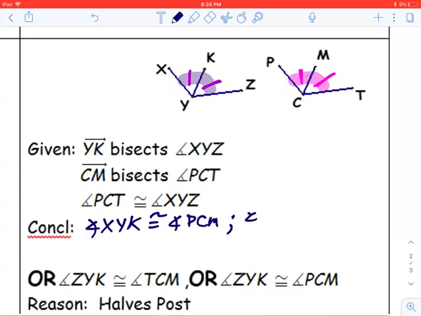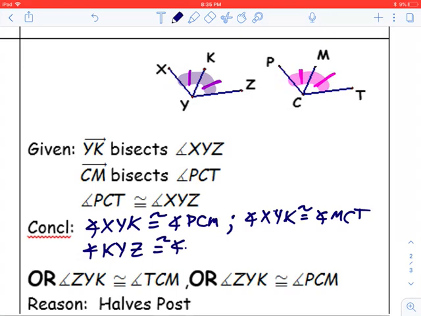Or I could say angle XYK is congruent to angle MCT. So this one here, MCT. Or let's look at KYZ here. So angle KYZ is congruent to the top one, angle PCM. Or angle KYZ is congruent to the bottom one, angle MCT. Okay?